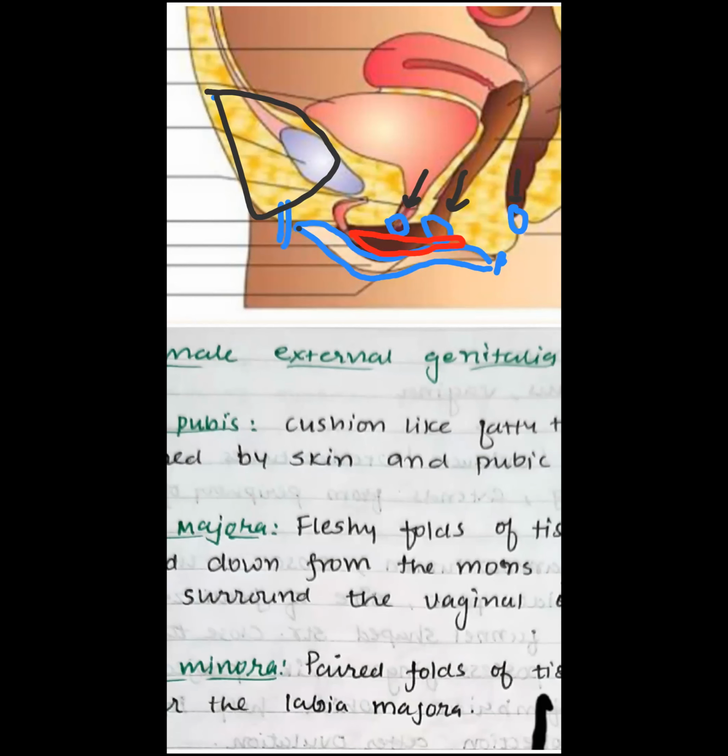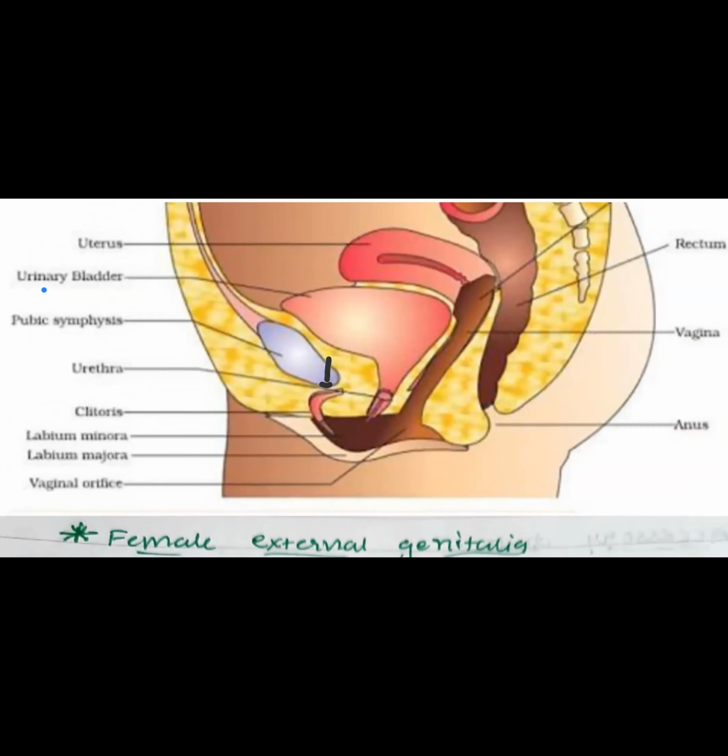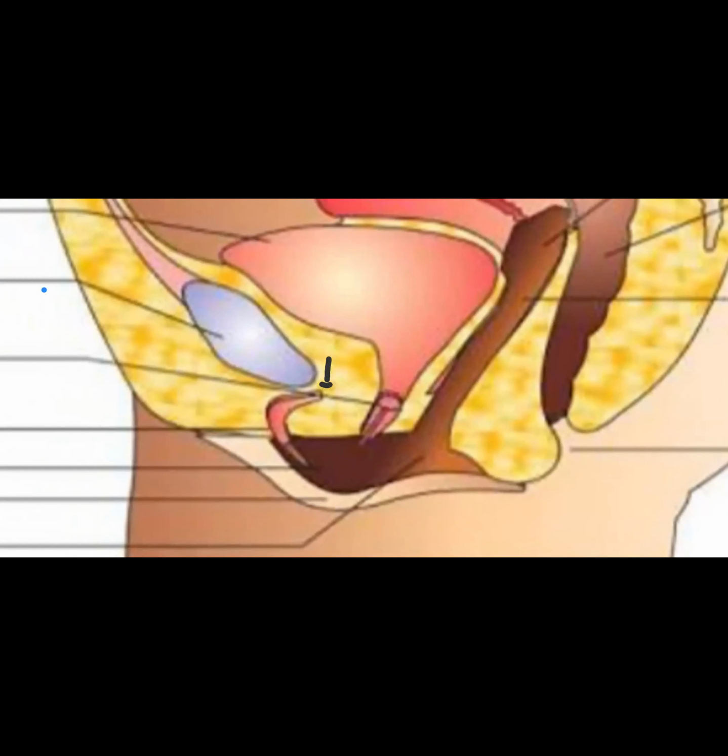These two openings are covered immediately by the labia minora, the thin folds of tissue under the labia majora, which are thick fleshy folds of tissue on the outer side.